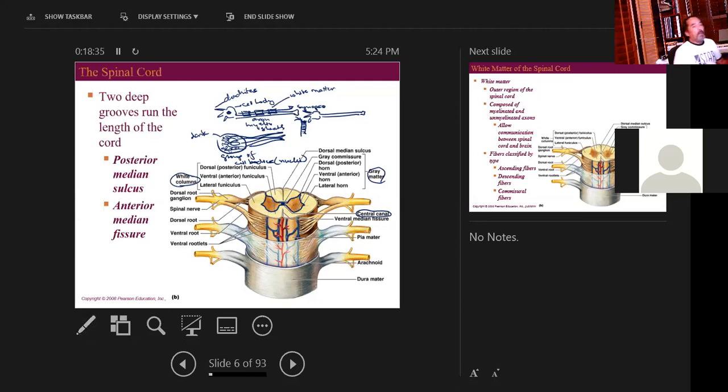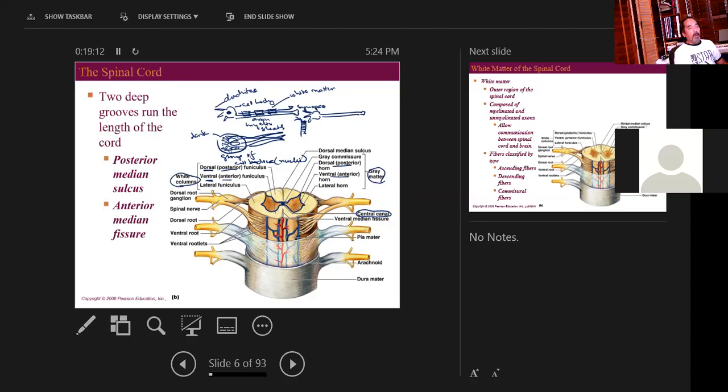Now, remember the terminology we use for the location of structures in the spinal cord: posterior or dorsal, and anterior or ventral. The way to identify them is to know the location of the structures of the spinal cord, who's posterior, who's anterior, who's dorsal, and who's ventral.